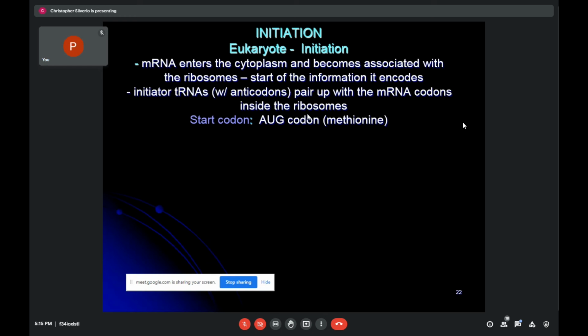For example, AUG is the codon. And what is the anticodon of AUG? Anyone?